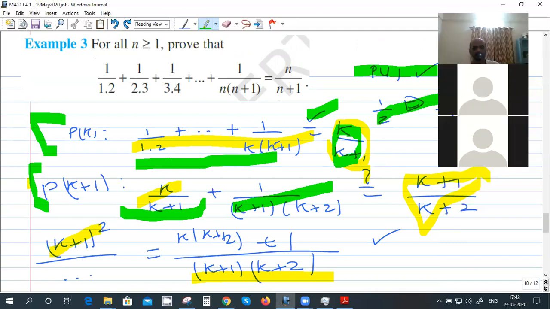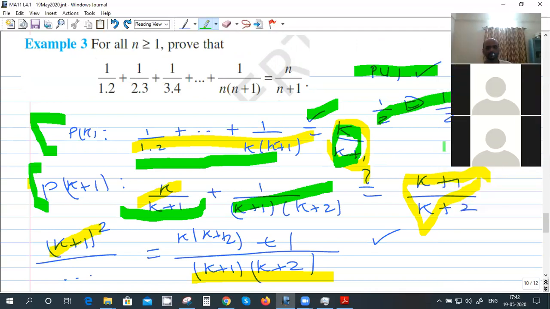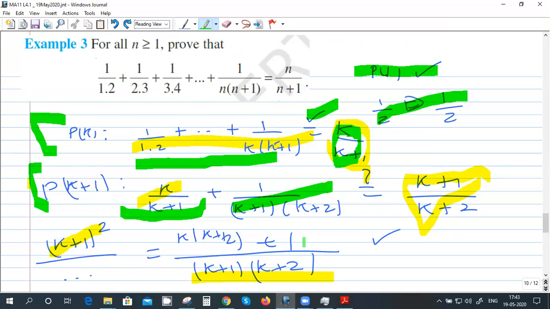How we are doing it? Yes, sir. Have you got it? Understood or not? Sir, I'm trying to solve. Which one? The example 3?